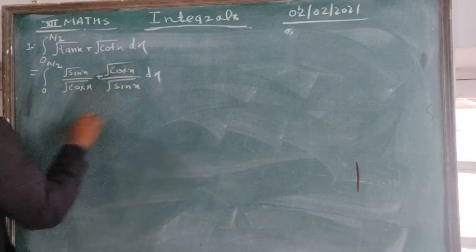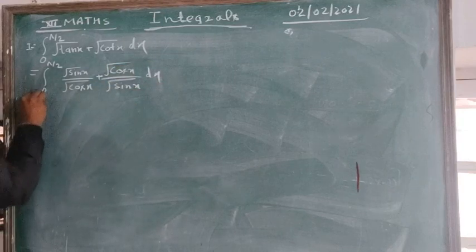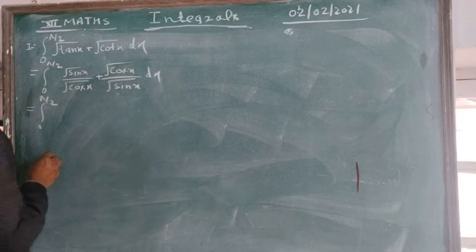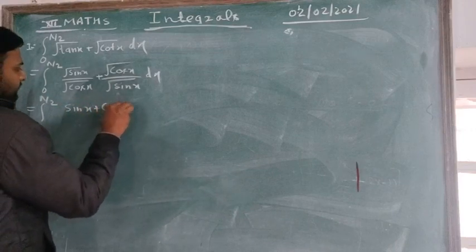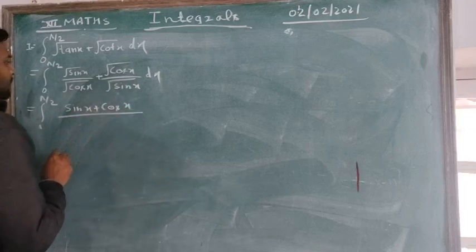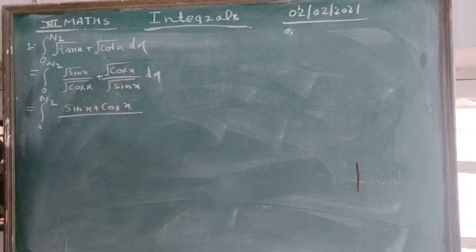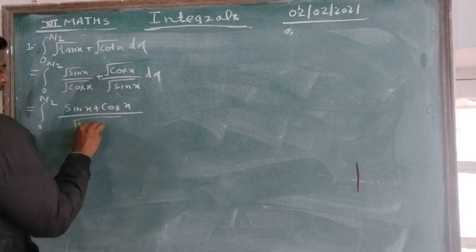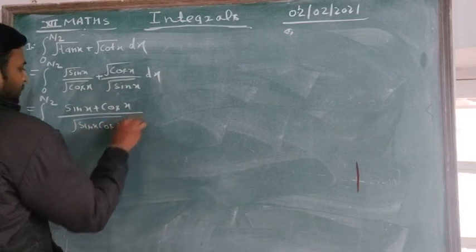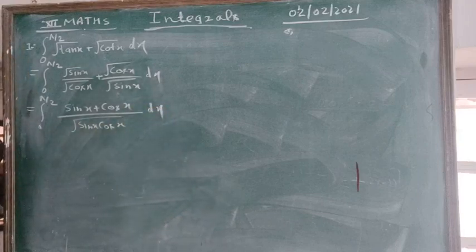Okay, students, now this 0 to pi by 2, we are taking LCM and we write above sin x plus cos x by under root sin x cos x dx.